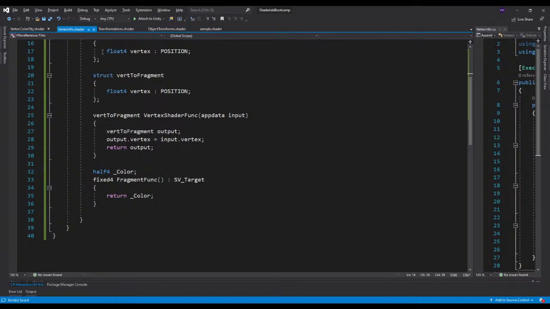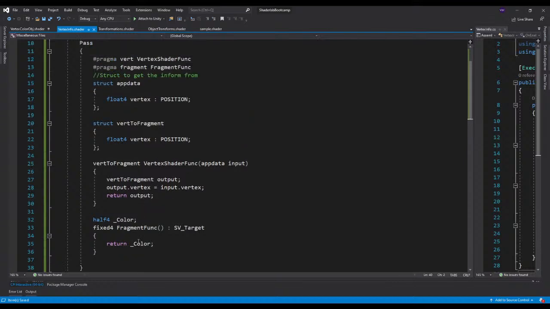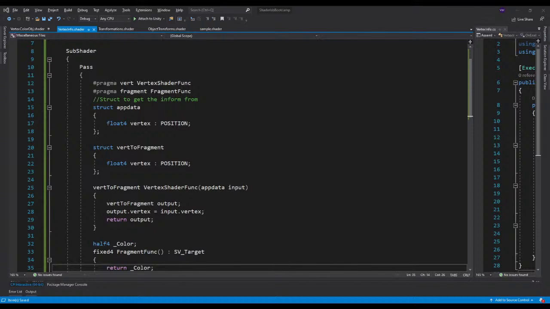So let's quickly debug what did I do wrong. Let's get the console. When 12.